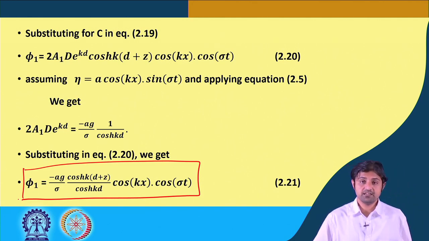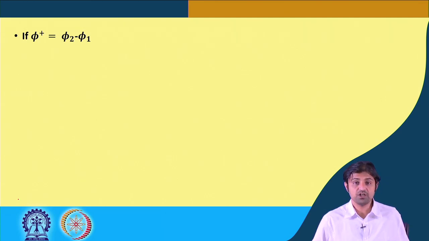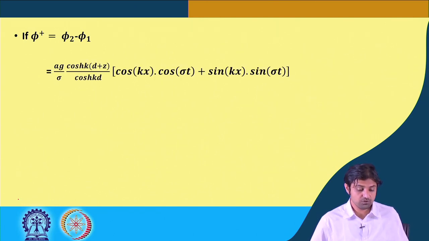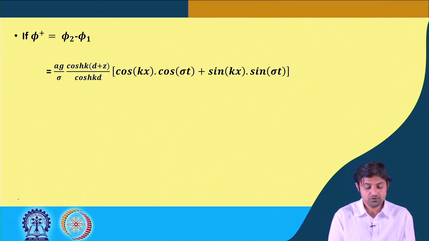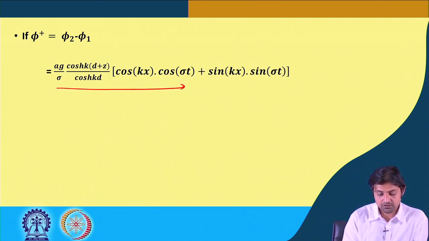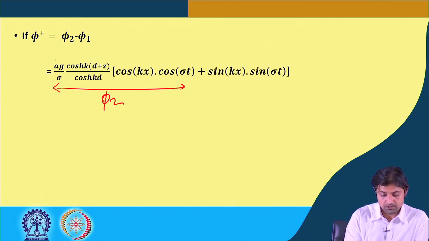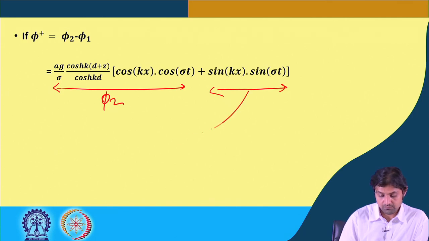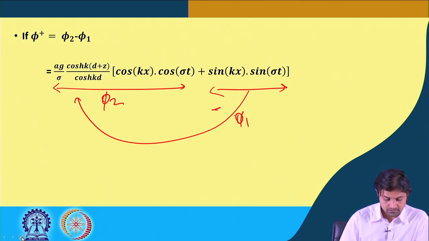Now, you remember I said that the total velocity potential will be the summation of the two terms, right. So, our velocity potential is going to be phi 2 minus phi 1, or also in terms of phi 3 and phi 4. So, if you add the two velocity potentials, this was phi 2 and this one with a negative sign was phi 1. So, we get this.